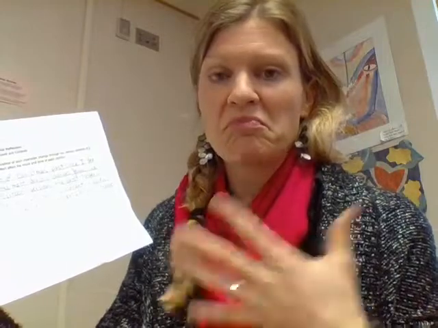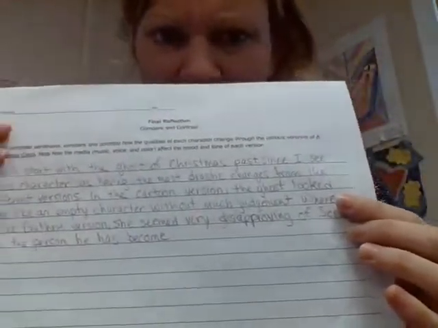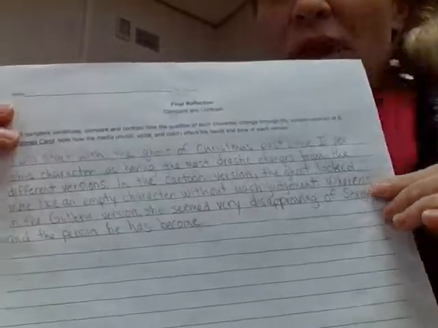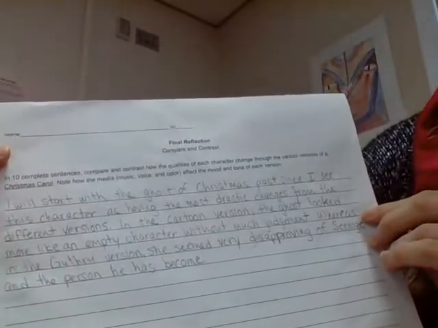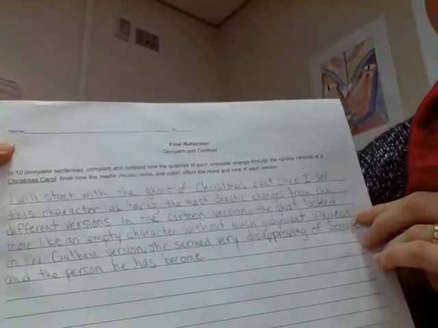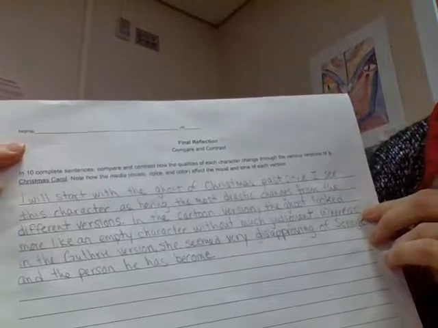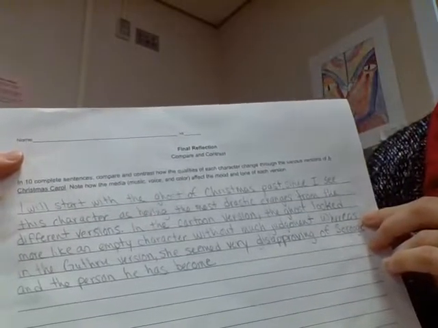I'm going to show you my example of what I think would be A quality for this type of paper. So I'll hold this up and I'll try and read it to you. I will start with the Ghost of Christmas Past, since I see this character as having the most drastic changes from the different versions.